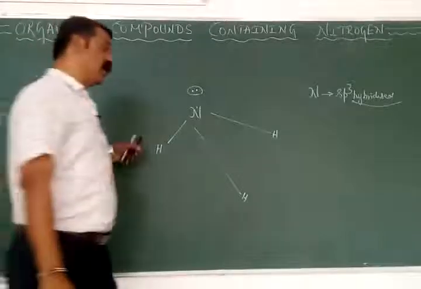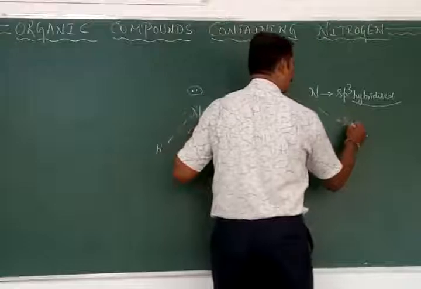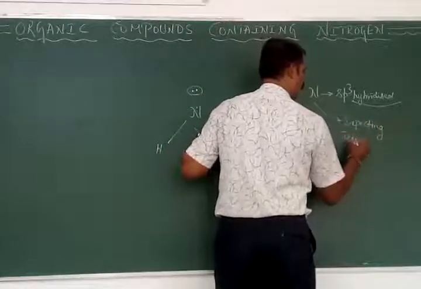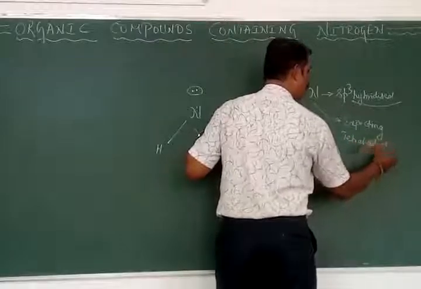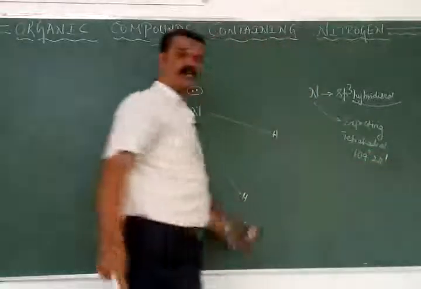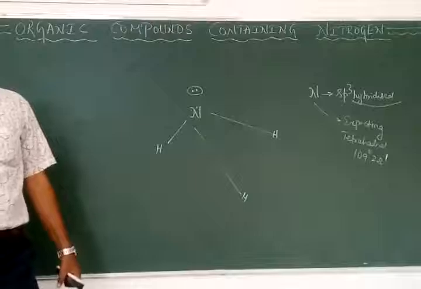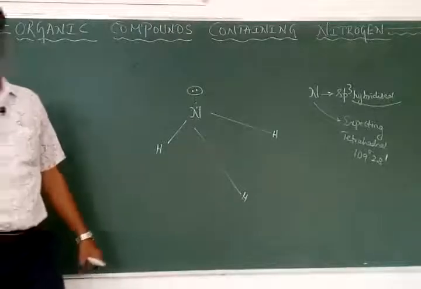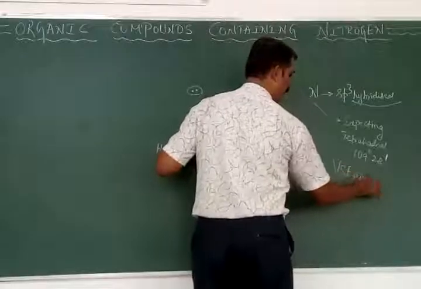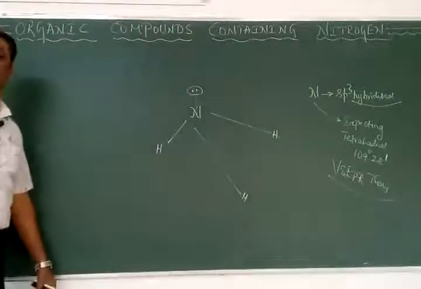This expects the tetrahedral geometry with a bond angle of 109 degree 28 minutes. But here it is not possible. Why? According to the VSEPR theory, the valence shell electron pair repulsion theory.